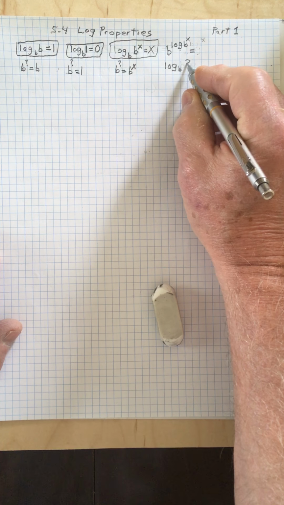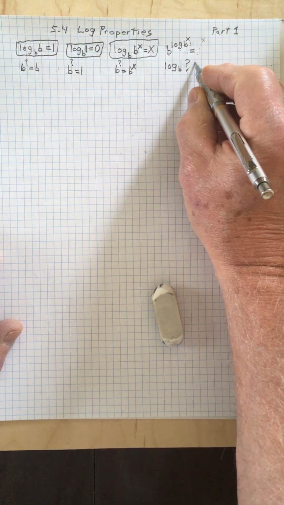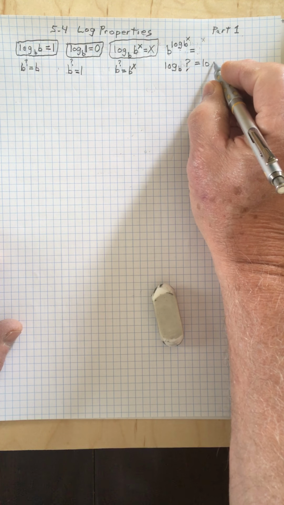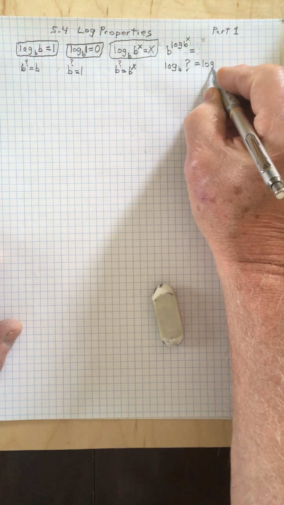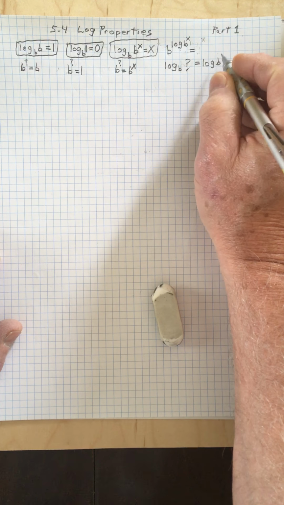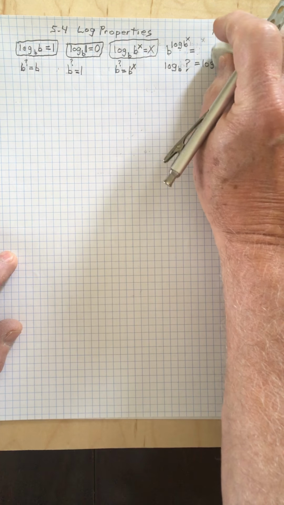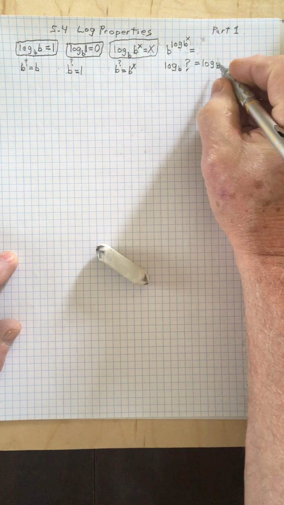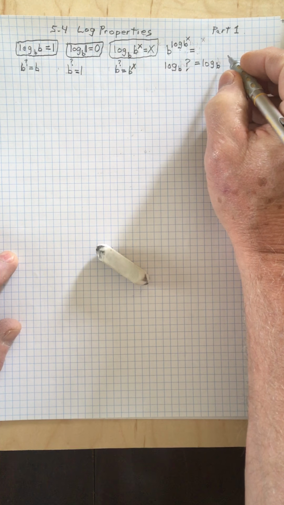So we don't know what the number is. Log base b to the x.